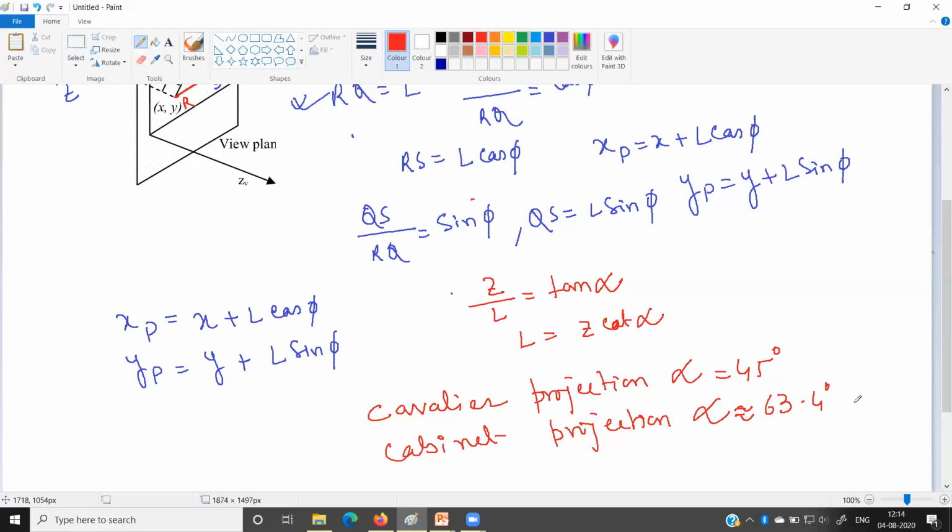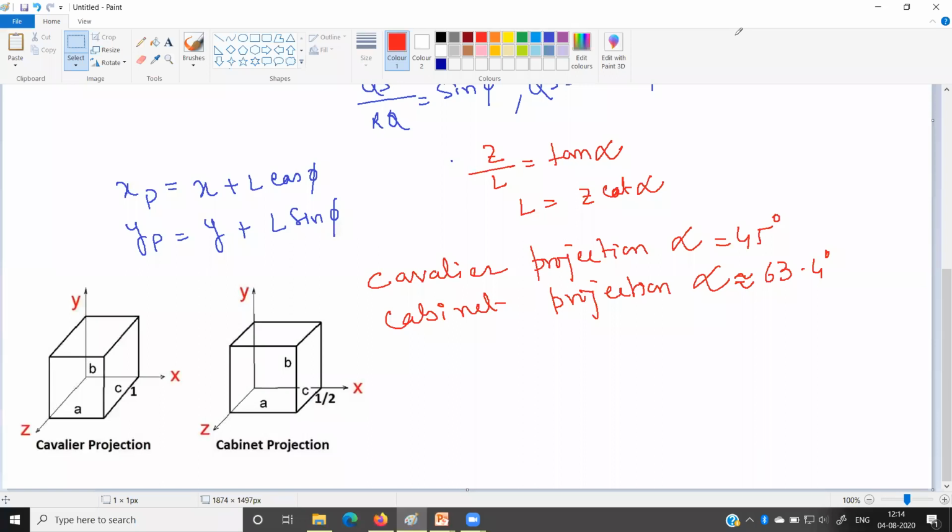But while we project using the cabinet projection, it will create a more realistic view. As you can see, there are two diagrams given. The object is projected, the first one using the cavalier projection and the second one using the cabinet projection. Fine. So in case of cavalier projection, the projection is not that realistic compared to the cabinet projection. Fine. So that is the major difference between the cavalier projection and cabinet projection.